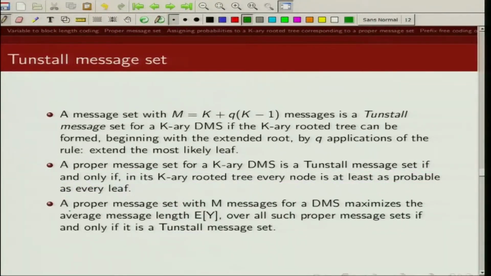It's not difficult to see then that a proper message set with M messages for a discrete memoryless source will maximize the average message length, expected value of Y, over all possible proper message sets if and only if it is a Tunstall message set. And I have illustrated this with the help of an example.